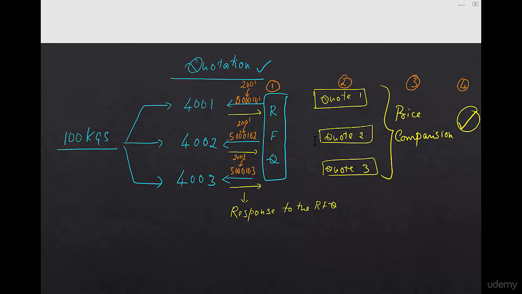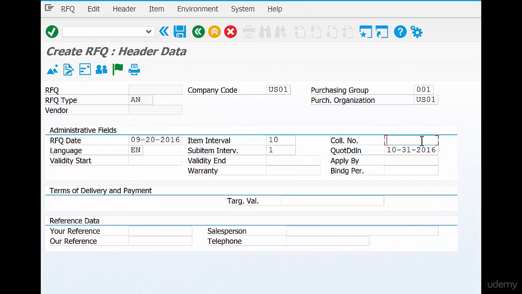And this 2001 is really a tag that binds all the RFQs together in one place. And that is called a collective number.